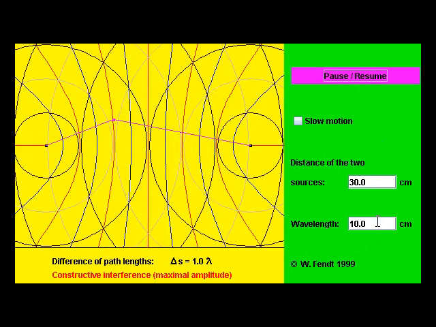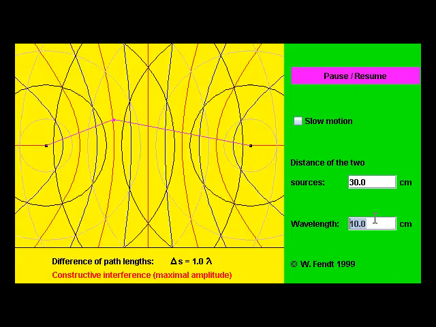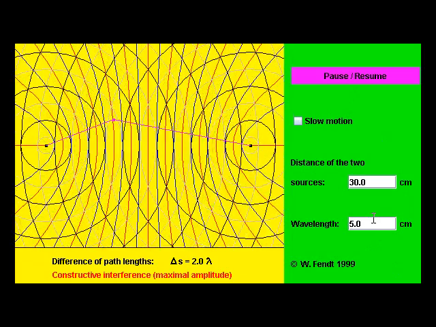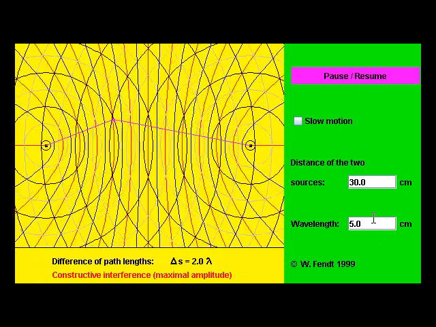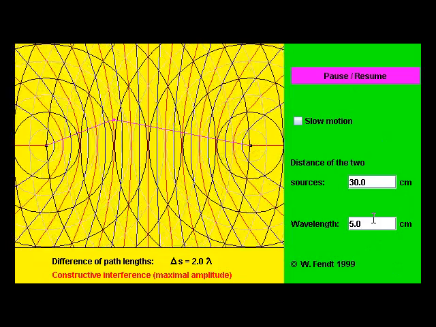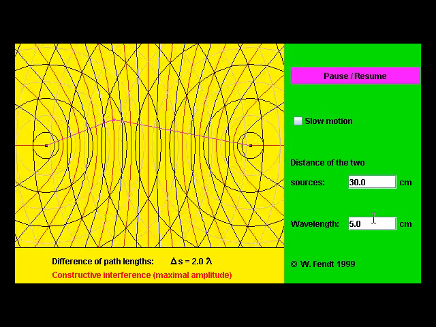We could change the wavelength, make it much smaller, make it 5, and then notice we just have more and more areas of constructive and destructive interference. This goes along with Young's double slit equation. Lambda is equal to xd over NL.